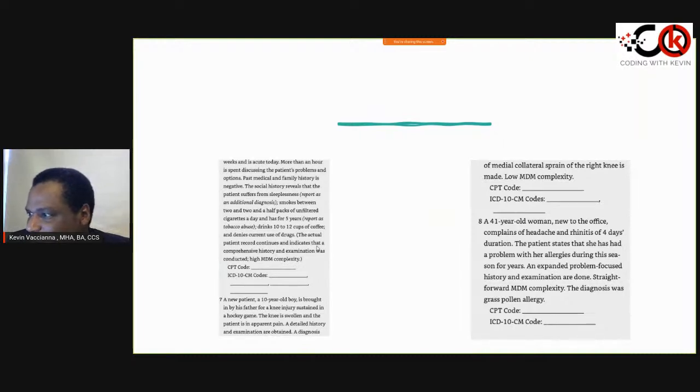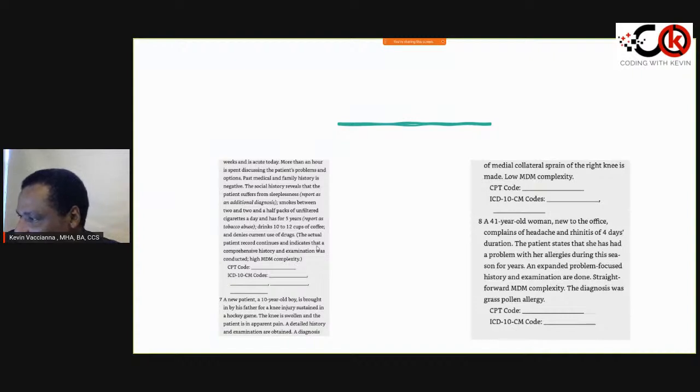A diagnosis of medial collateral sprain of the right knee is made. Low MDM complexity. What is my CPT code? 99203. Yes. Anybody else have questions on that? You see, these are very straightforward scenarios, right? But we did one hard one last week that we had to break down, so this makes up for it.